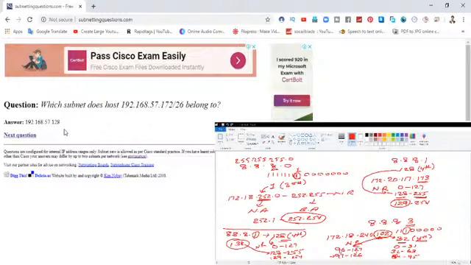So you can understand what my speed is. It's fractions of a second, sometimes 1, 2, 3 seconds, but always less than 5 seconds for any subnetting question. Now come to the next question.